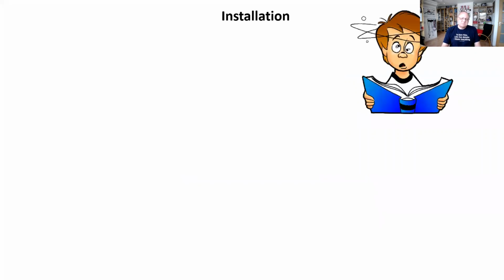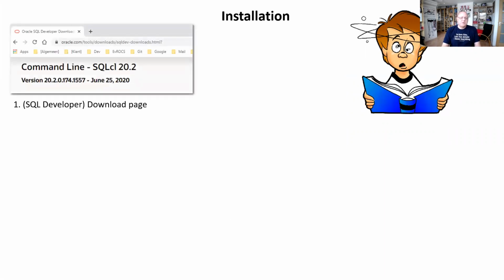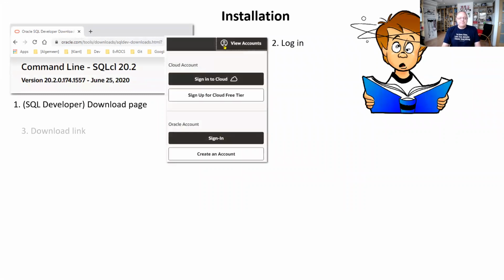How do we install this? Well, this might be a bit complicated, so don't worry if you can't follow me, but I'll try to explain it to you. First of all, you go to the SQL Developer download page. You're looking for SQLcl, and you have to go to the SQL Developer download page. Anyway, you go there, then you log in.